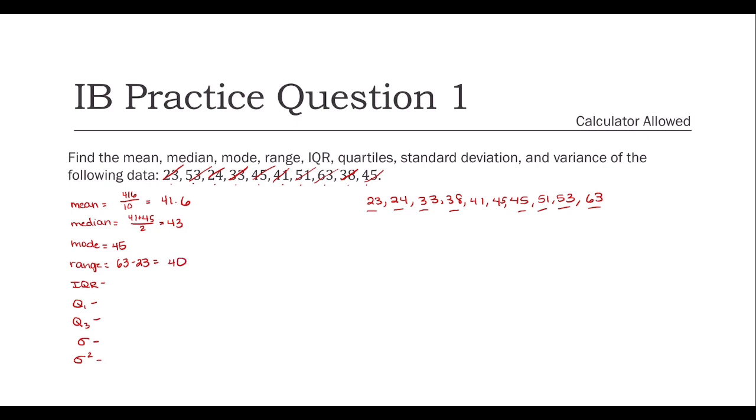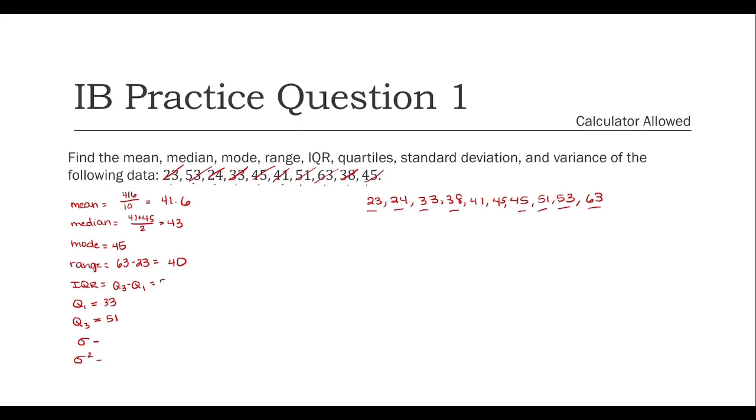Our IQR is going to be Q3 minus Q1. Our Q1 we can calculate on the calculator by entering our values into list 1 and then doing second calc, one variable statistics. So our Q1 equals 33 and Q3 equals 51.